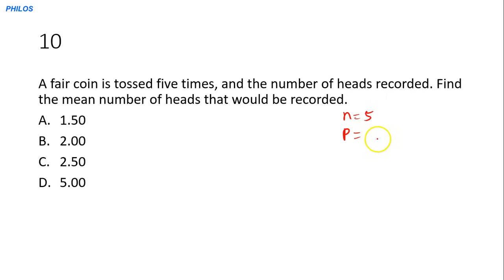So when you toss a coin just once, what is the probability of getting a head? It's 1/2. So the mean will be equal to n times p, which is 5 times 1/2. So 5 times 1/2 will give you 2.5. So the correct answer for question 10 is C, 2.50. So let's go to the next question.